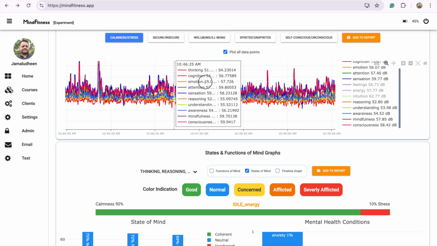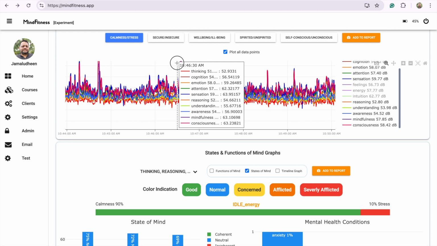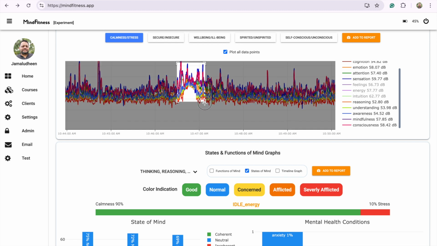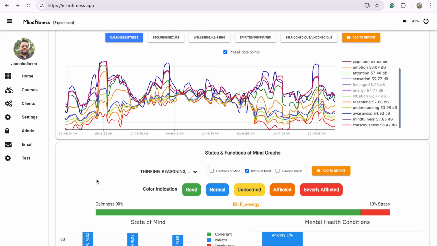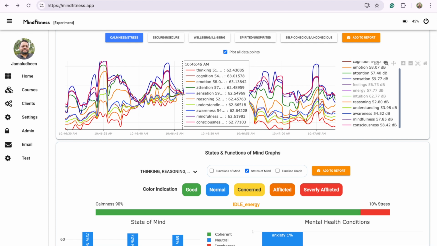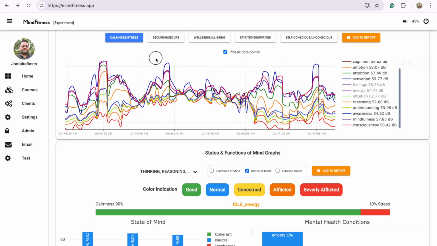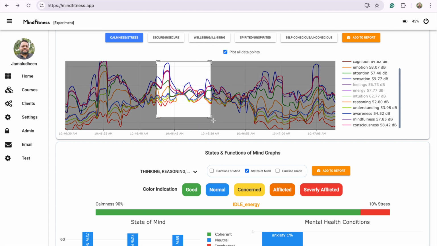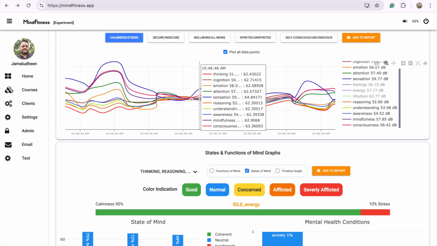So if you look here, you can see after the coherent flow, at this point, every mind function created a coherent point where everything was one.